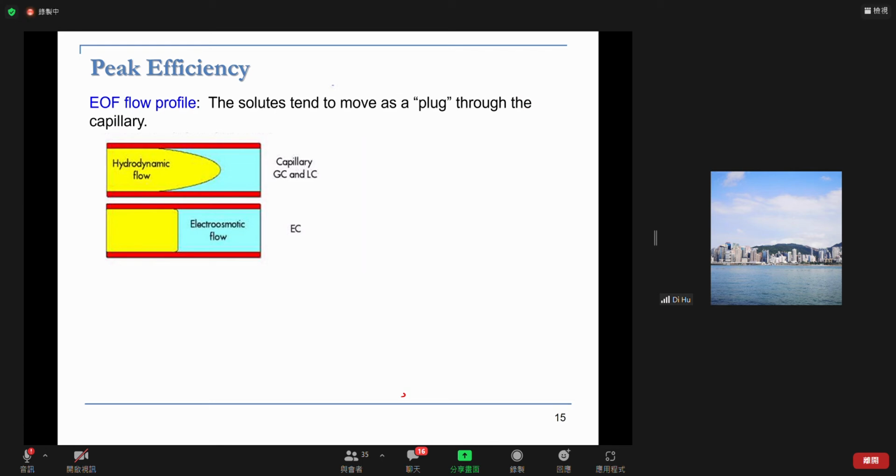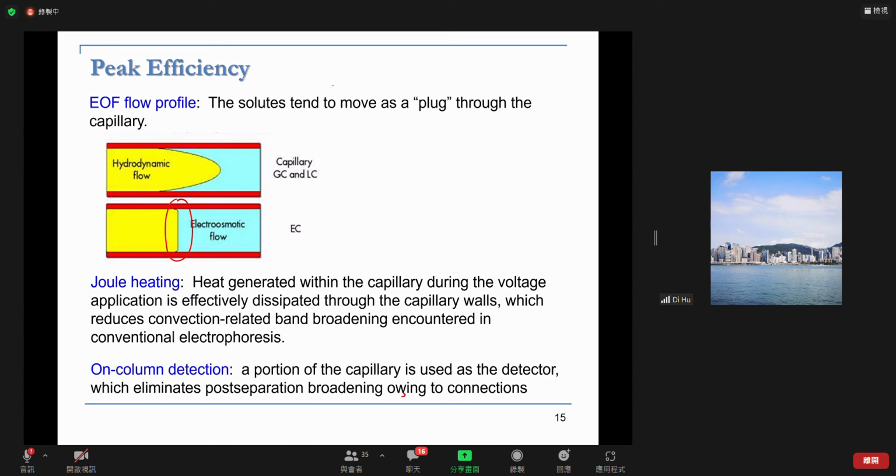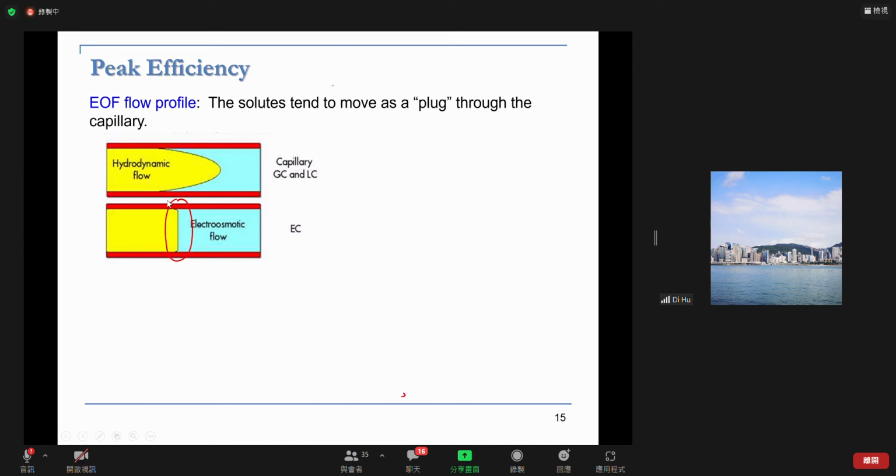One of the key features: if you look at the EOF flow profile in this capillary column, it is not parabolic. It's flat, like a plug.